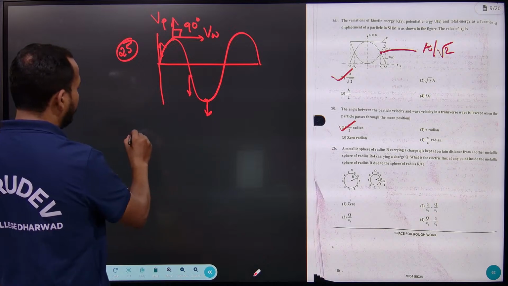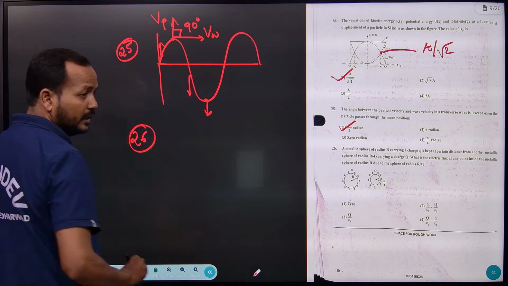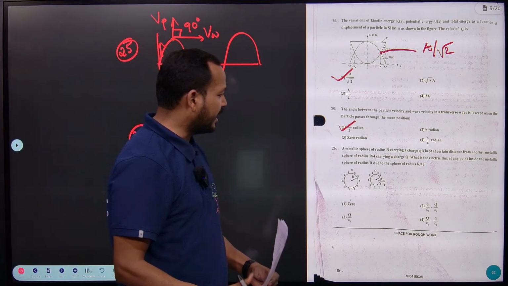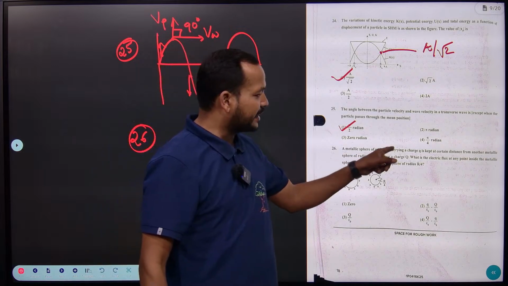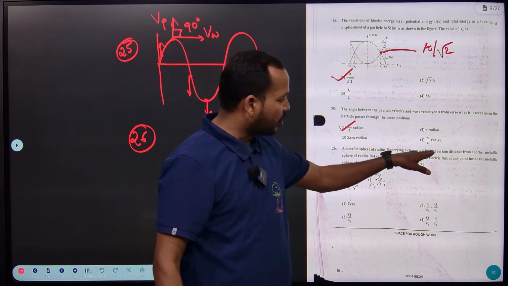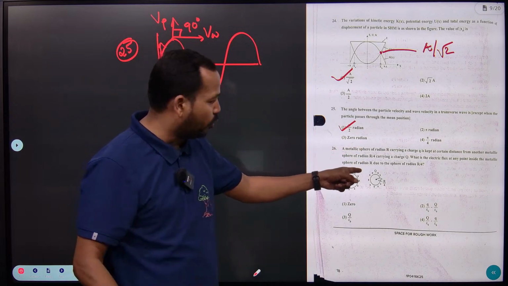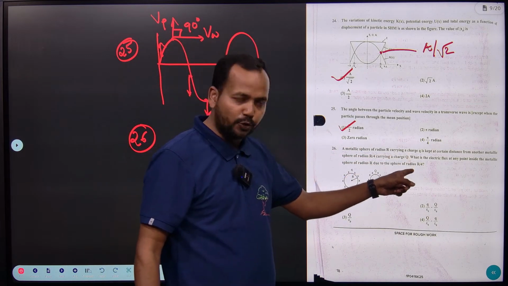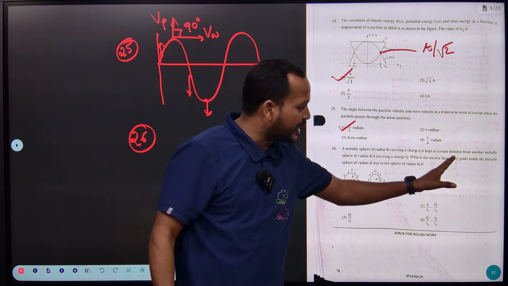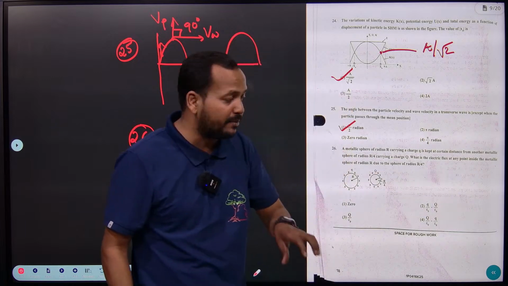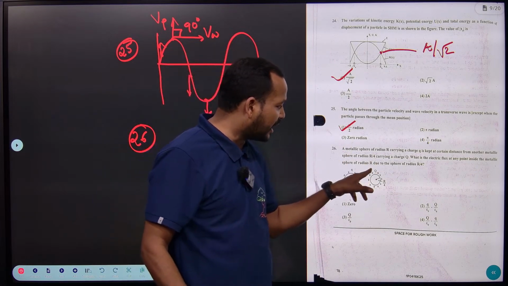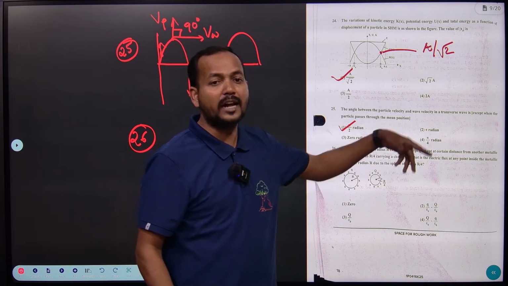Next question, question number 26. If you read the question properly, you can understand that a metallic sphere of radius capital R, a charge small q kept certain distance from another metallic sphere of radius R by 4 carrying a charge capital Q. What is the electric flux at any point inside the metallic sphere of radius R due to the sphere of radius R by 4?